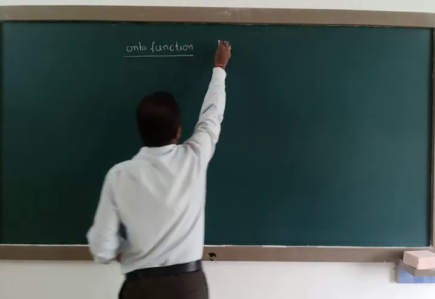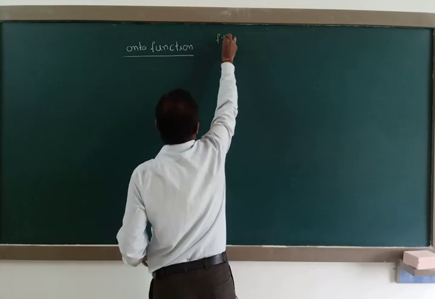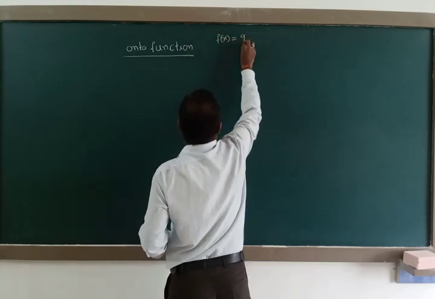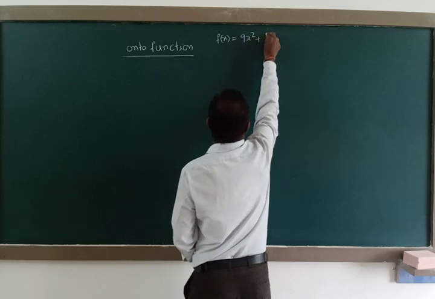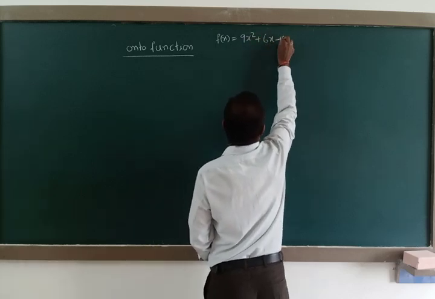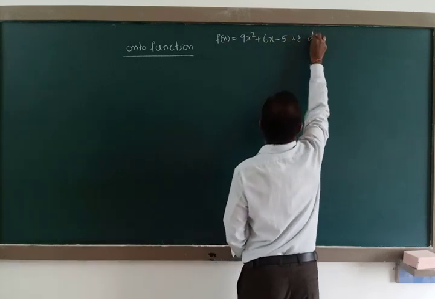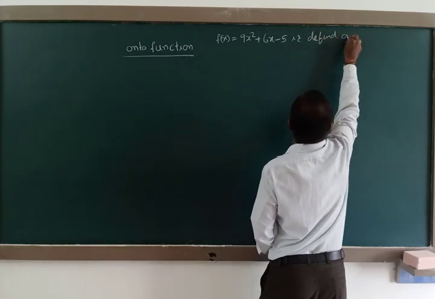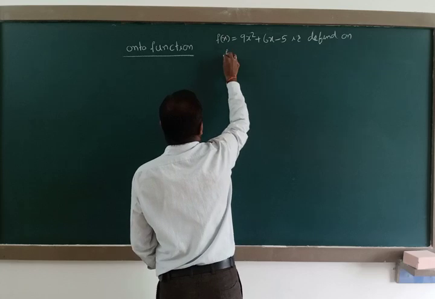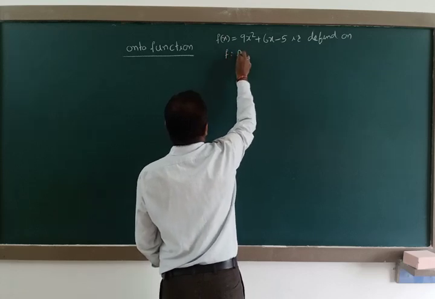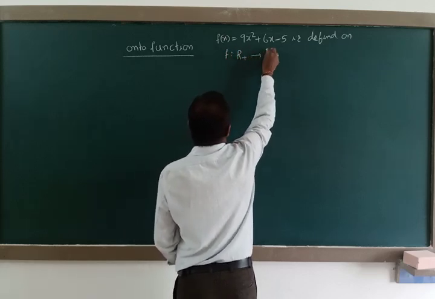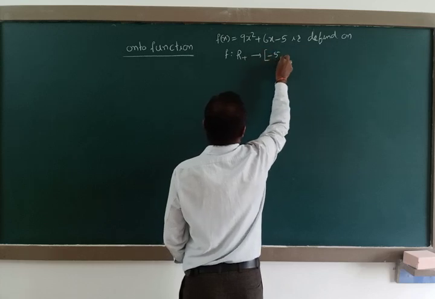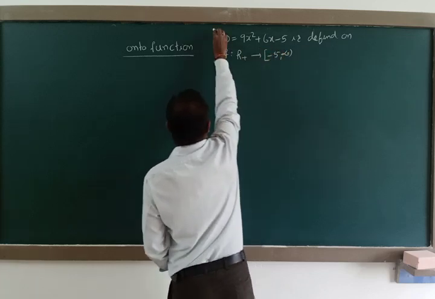For onto function also, we define the function f of x is equal to 9x square plus 6x minus 5, defined on f maps from R plus to the closed interval minus 5 comma open interval infinity.